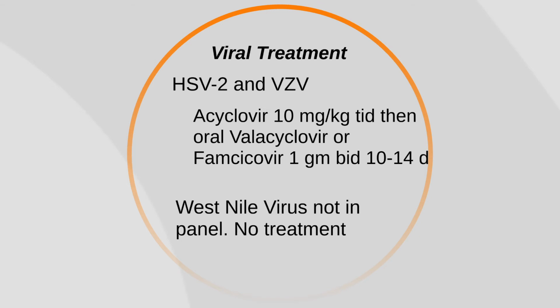Now, turning to viral meningitis. Again, West Nile is not on the PCR test and has to be ordered separately. The ones that are most common are going to be varicella zoster and herpes simplex 2, which can come from genital herpes. If the HSV2 isn't cleared out, it can cause recurrent meningitis, also known as Mollaret syndrome.